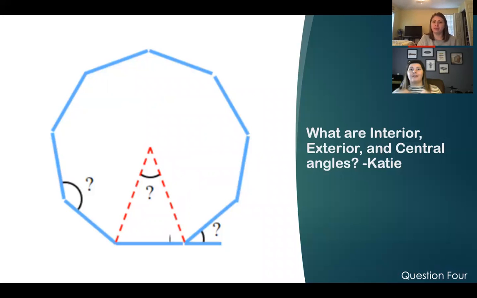Central is right in the middle. So I said right here that I would label this the central point. So that's one of our options gone. Let's cross it off.